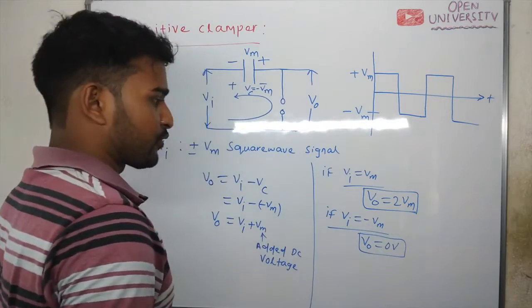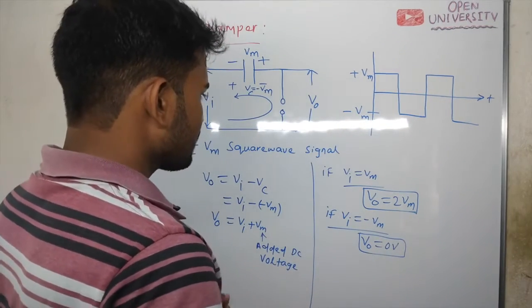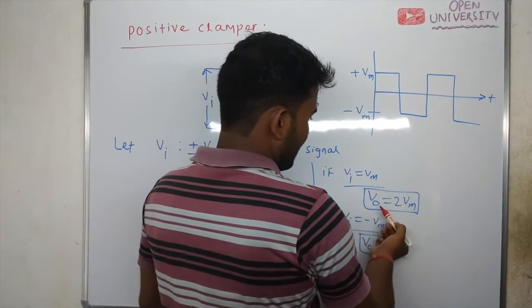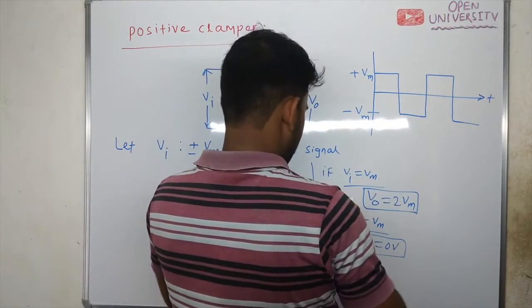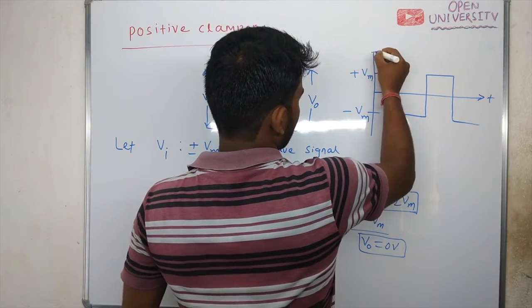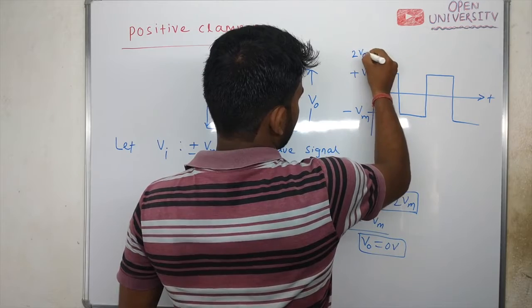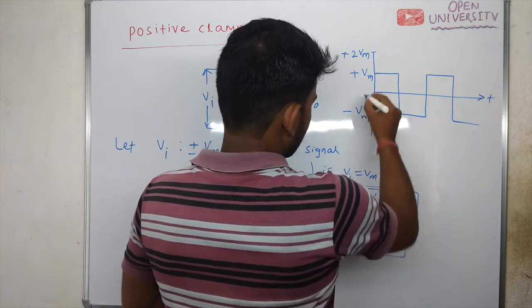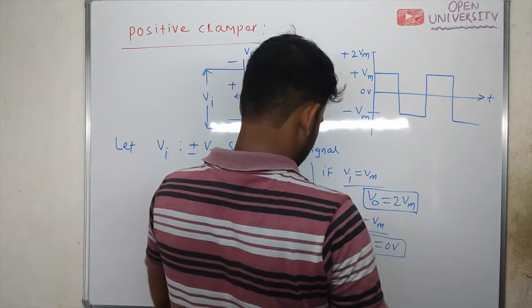Now plot the output waveform. When Vi is plus Vm, output voltage will be 2 Vm. If this is your Vm, then this will be your 2 Vm, and this will be your 0 volt.